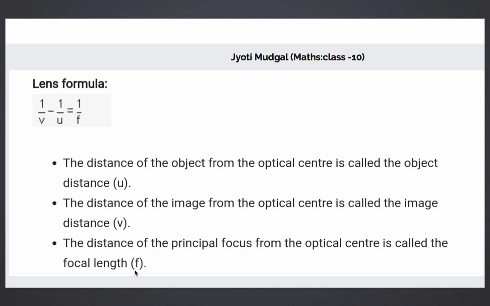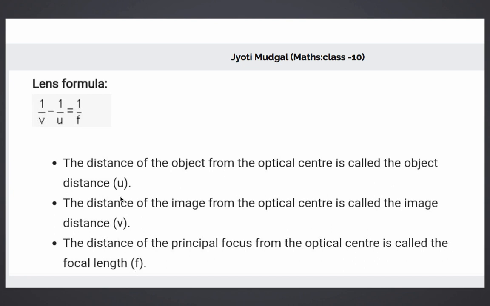The image formed can be the same size, diminished or magnified for the convex lens. But for the concave lens, the image formed is always virtual, erect and diminished. I repeat, students, for the concave lens the image formed is always virtual, erect and diminished.